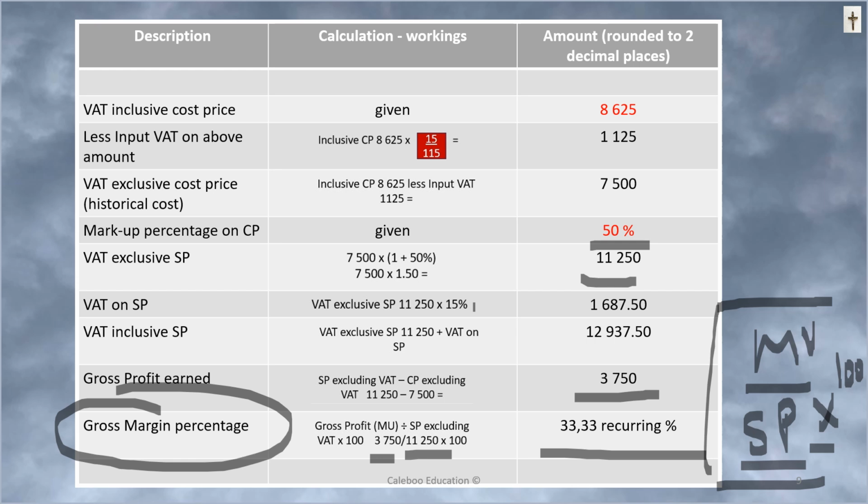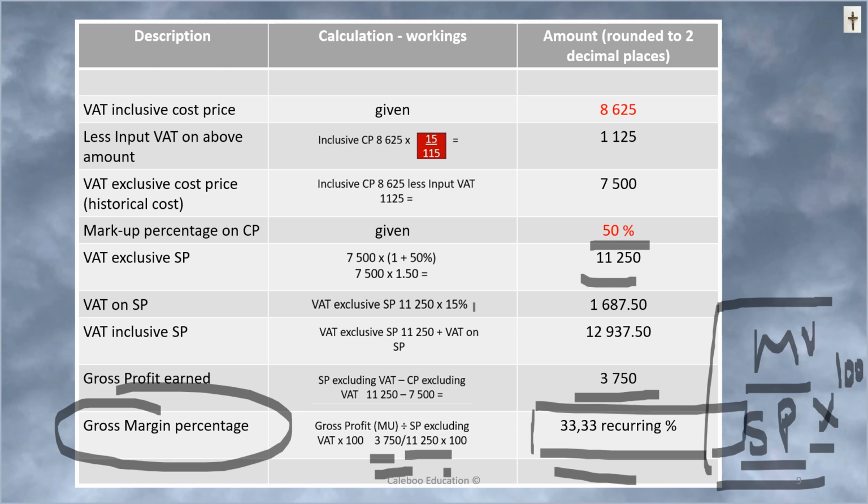I don't like to work with these thirds. They get a little bit confusing, but I've rounded that off to 2 decimals. 3,750, the markup excluding VAT, divided by the selling price excluding VAT, multiplied by 100 is 33.33%, 33.333 recurring.